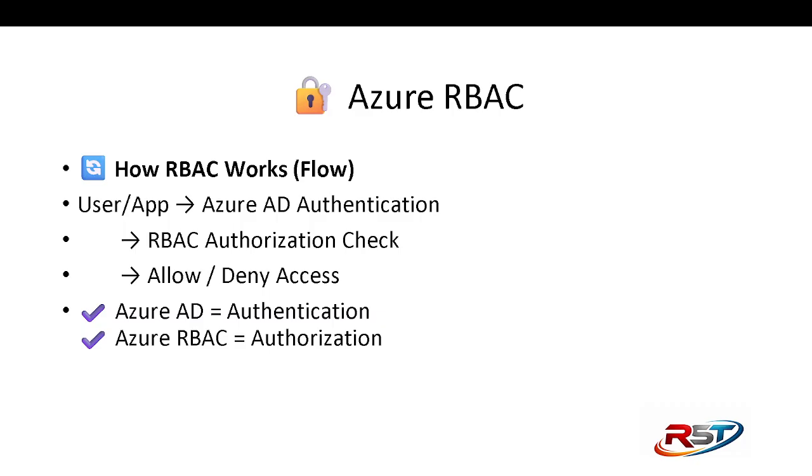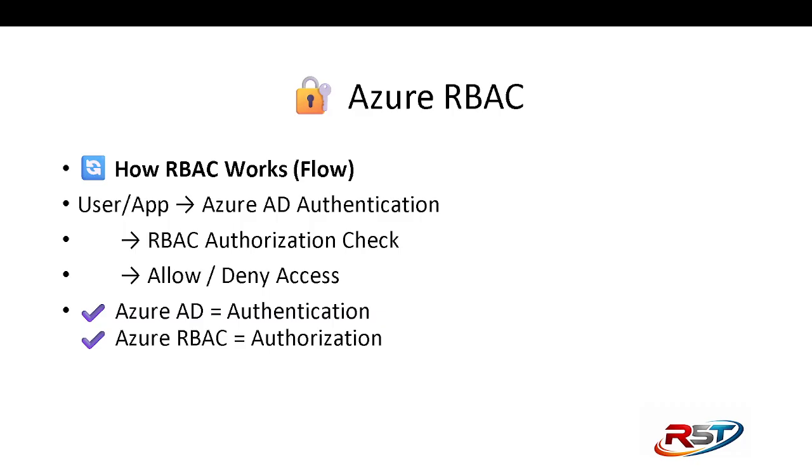And later the RBAC authorization check will happen. First the user is authenticated, next it will check the RBAC authorization. It checks what authorization we provided, and based on that, whether that user has authorization for this resource. If he has the required role, then only it will allow, otherwise it will deny the access.